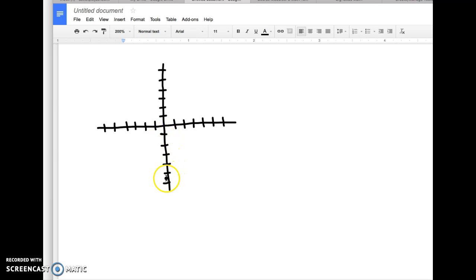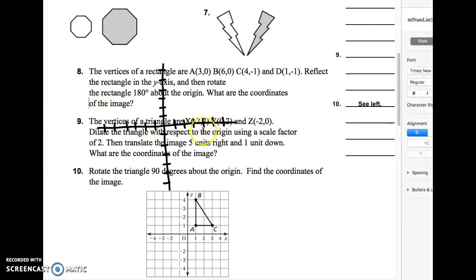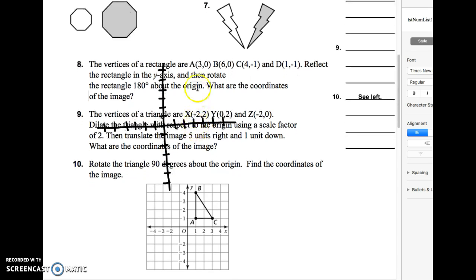Okay, first thing I'm going to do is plot where the original triangle should be. So x is at negative 2, 2. So left 2, up 2. Y is at 0, 2, so over 0, up 2.